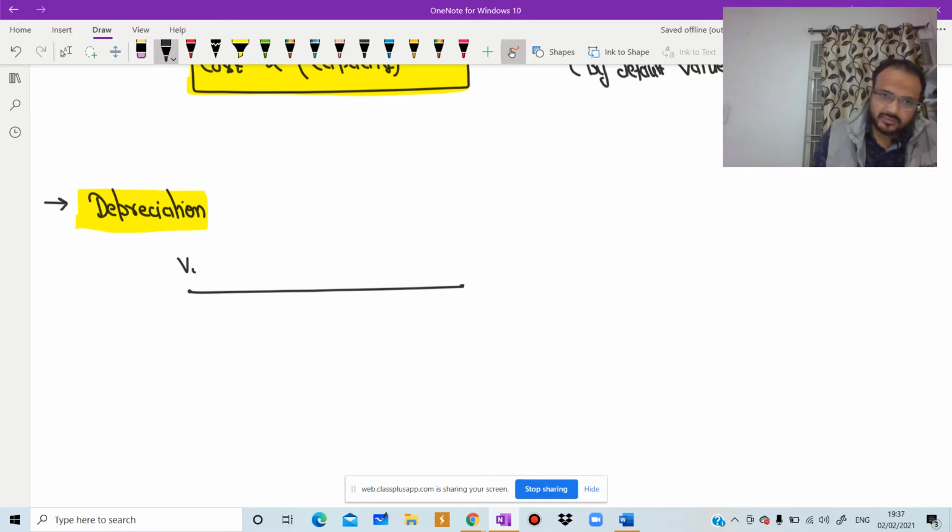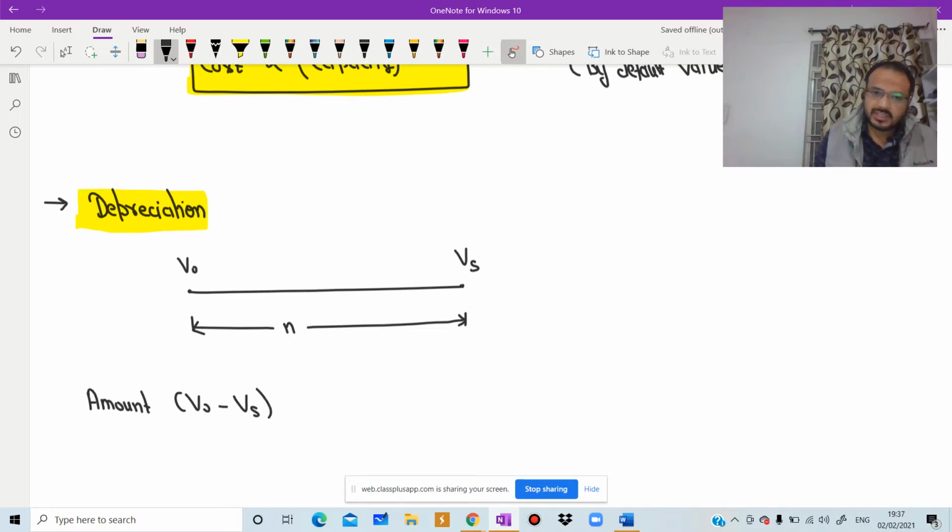Suppose today we have V naught value. After n years we have Vs. It means the amount V naught minus Vs is depreciated in n years.